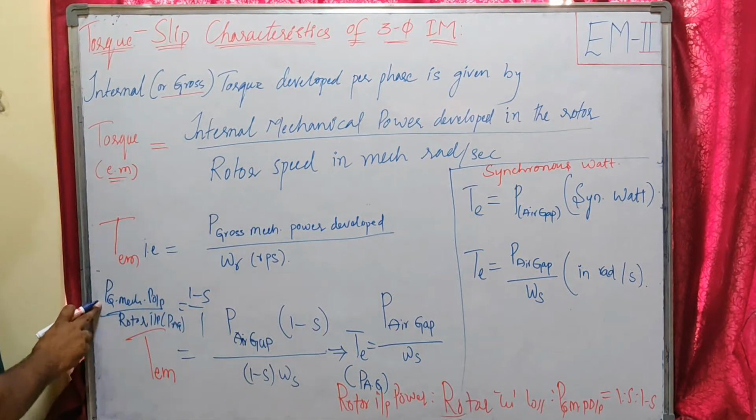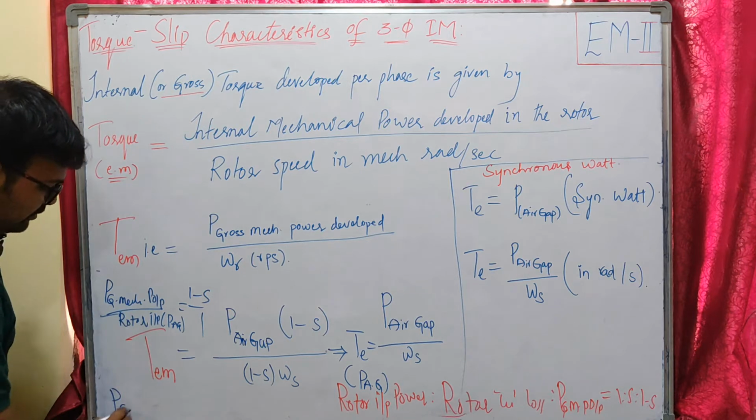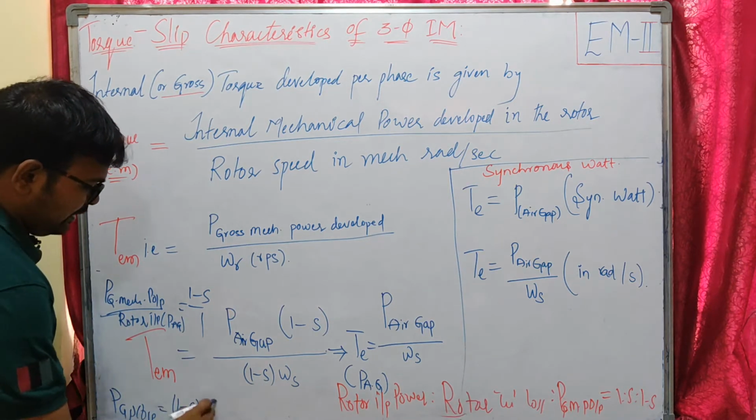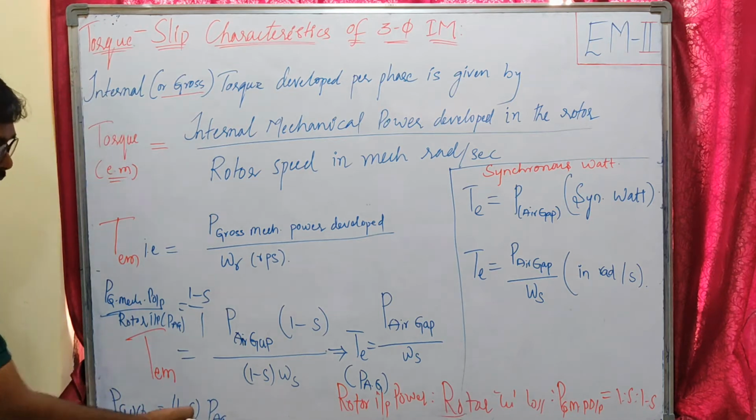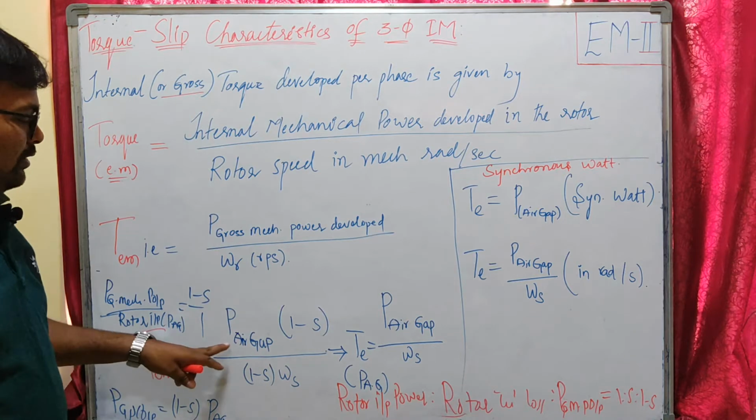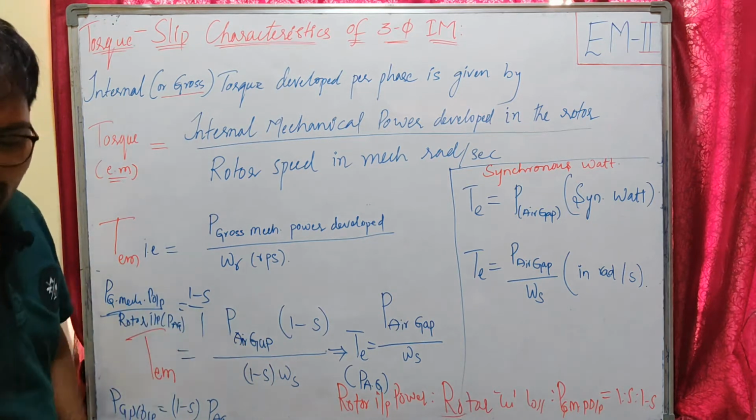That means I can write the gross mechanical power output as 1 minus S times the air gap power, which is nothing but our rotor input.